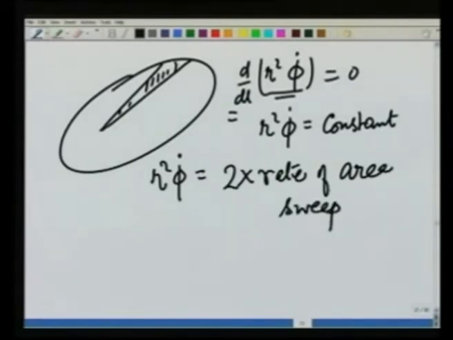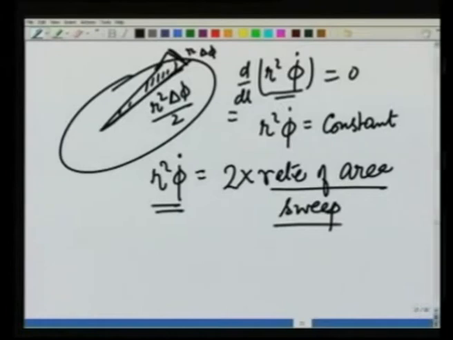That is, given r, this area you can see is roughly r square delta phi divided by 2. This is r, this is r delta phi. So the change of area in time delta t is r square delta phi divided by 2, divided by delta t, you get r square phi dot over 2 as the rate of change of area, and constancy of this implies constancy of rate of area sweep.